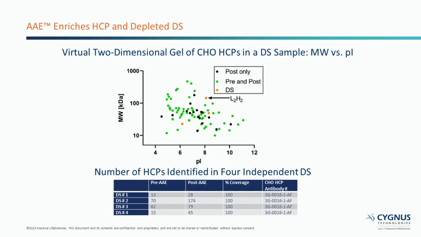At the bottom table, you can see the number of HCPs identified in those 4 drug substance samples prior to enrichment. This is a straight tryptic digest, and after AAE enrichment, we can see that you can consistently identify more proteins.